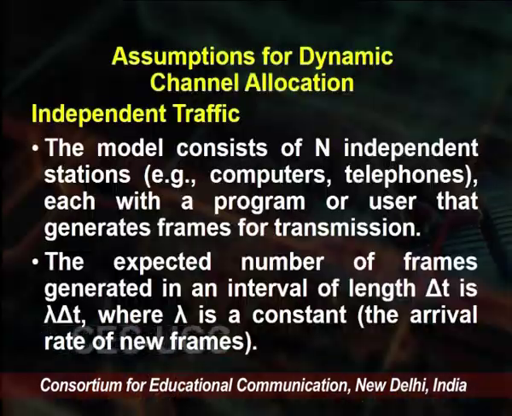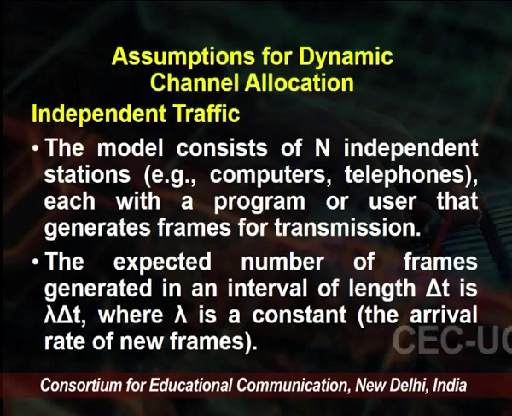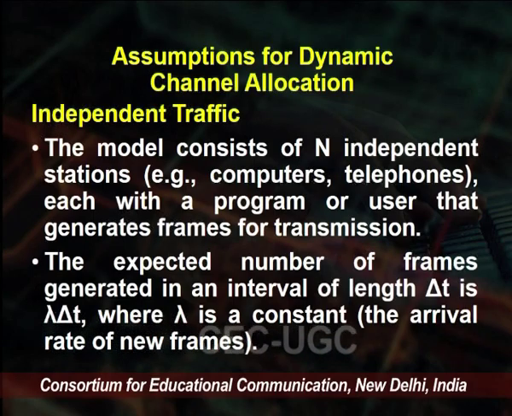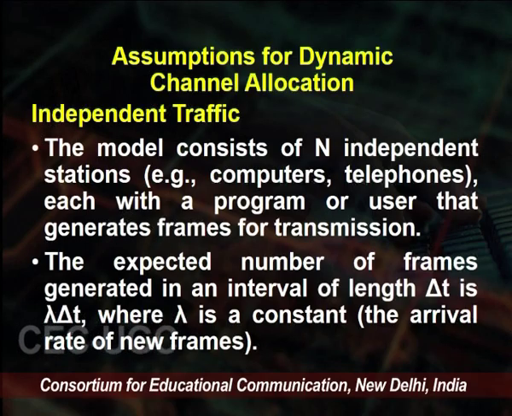Before going into dynamic channel allocation, we will look into its assumptions. The first assumption is independent traffic. Independent traffic says the model consists of n independent stations. These stations could be computers, telephones or whatever, each with a program or a user that generates frames for transmission.